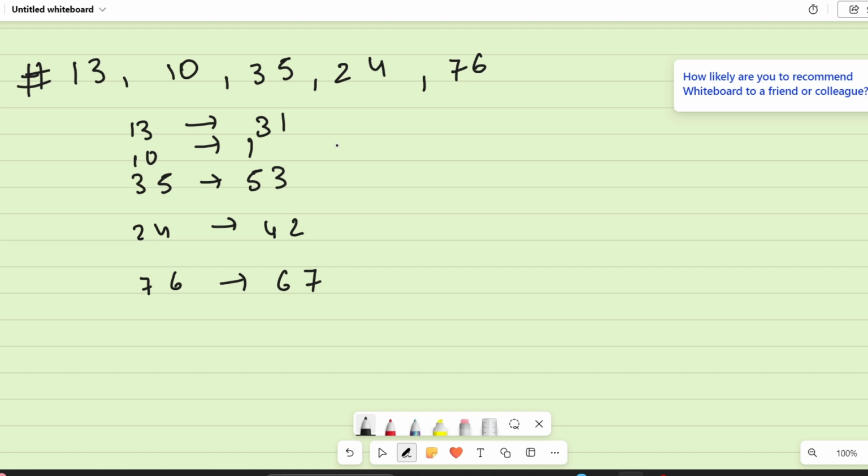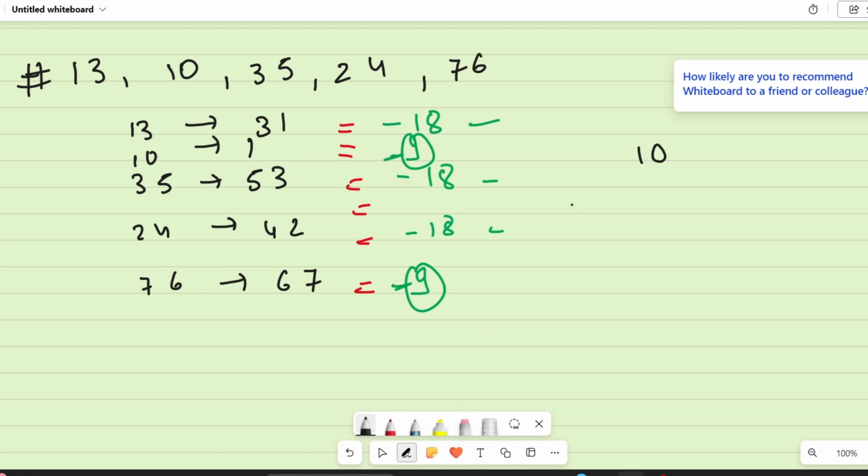What we would do here is find the difference between the given number and the reverse of that number. So I would write the difference of the reverse over here. Here we have three differences that are the same, and here we have two differences that are the same. So according to that, these would form pairs. How is this possible? I would explain it to you.